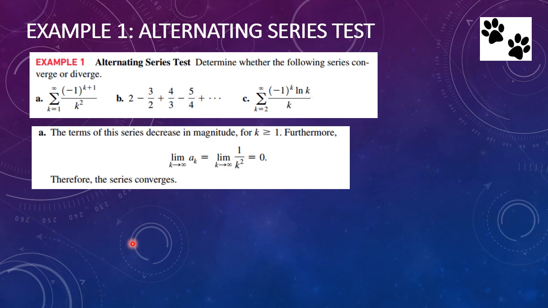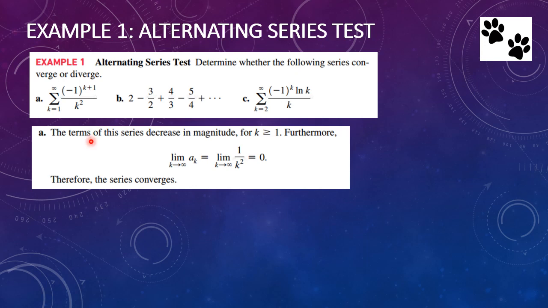When we look at A, we can see that as we increase k's value above 1, all of the members of 1 over k squared, and remember a sub k is just the function that is left by taking out the alternating polarity function. So we're looking at 1 over k squared. When k is 1, we have 1.